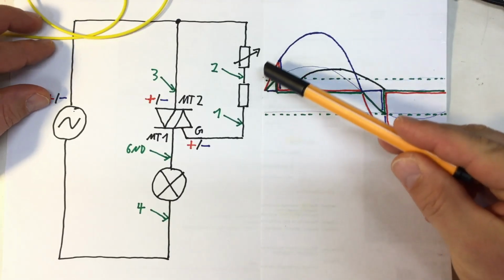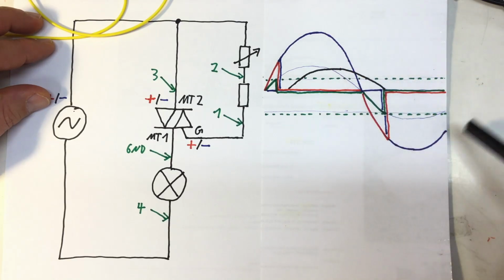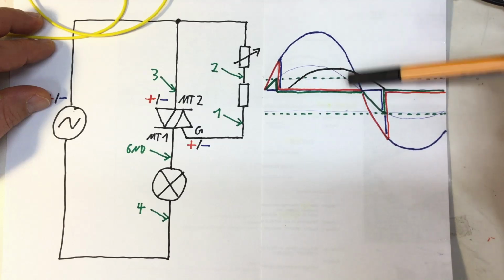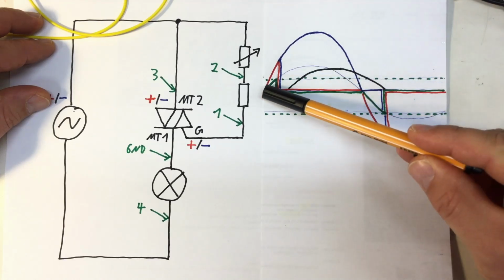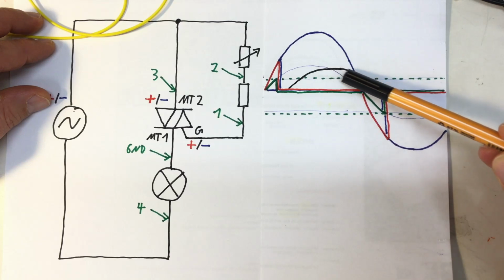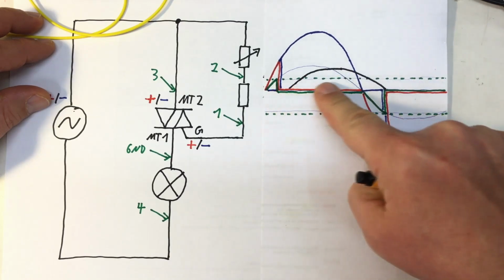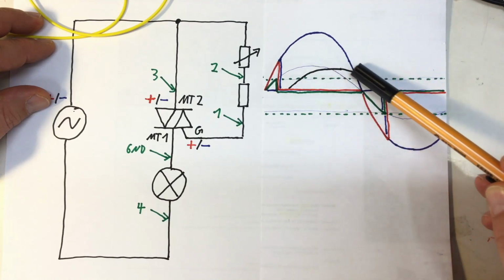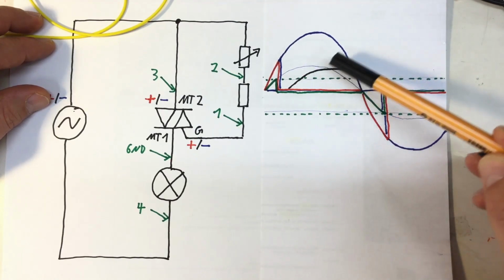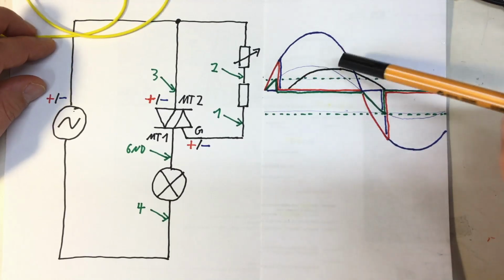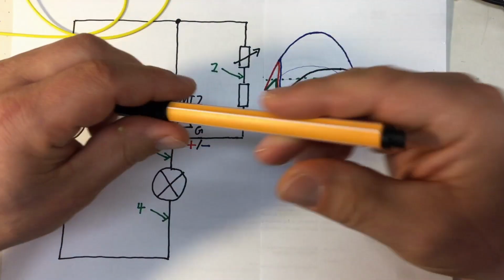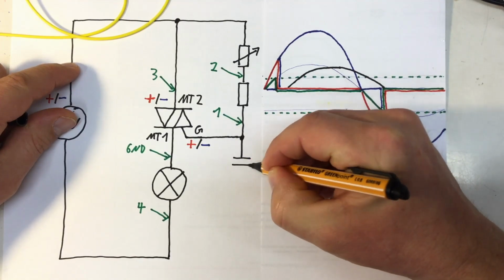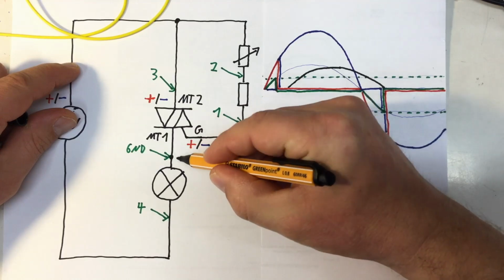Well, we would be able to alleviate the problem with triggering later in the phase of our AC, if we would just be able to shift the current through the gate a little to the right, like I've shown here with the black line. And yeah, it's actually not hard to do that. All you need is a capacitor.